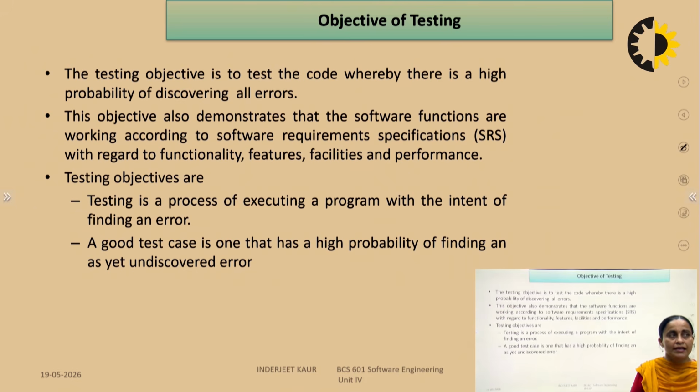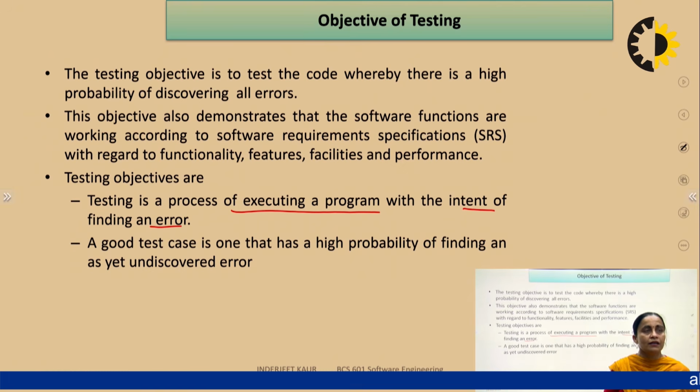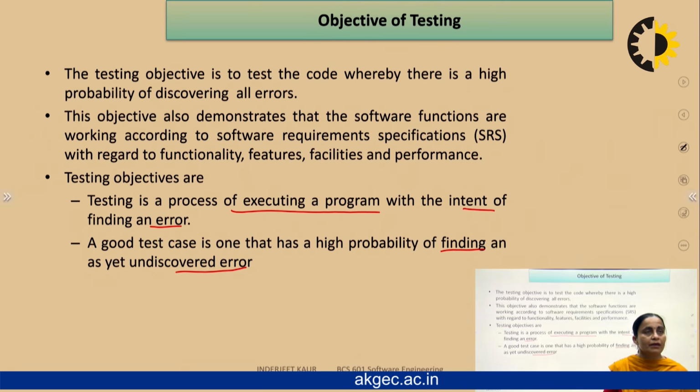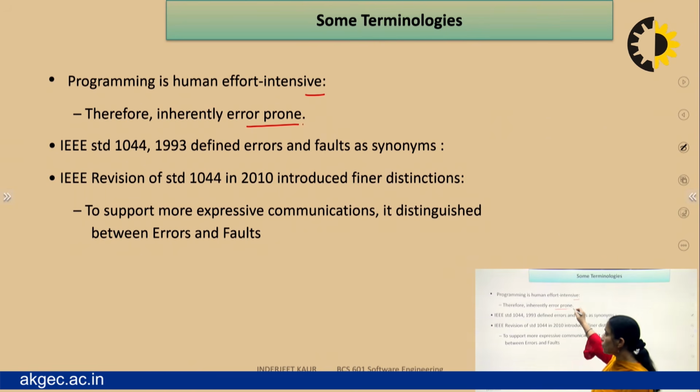So I will say that testing is a process of executing a program with the intent of finding an error, and a good test case is one that has a higher probability of finding undiscovered errors. There can be many errors, there can be many faults. Programming is human effort intensive, so there can be chances of errors.